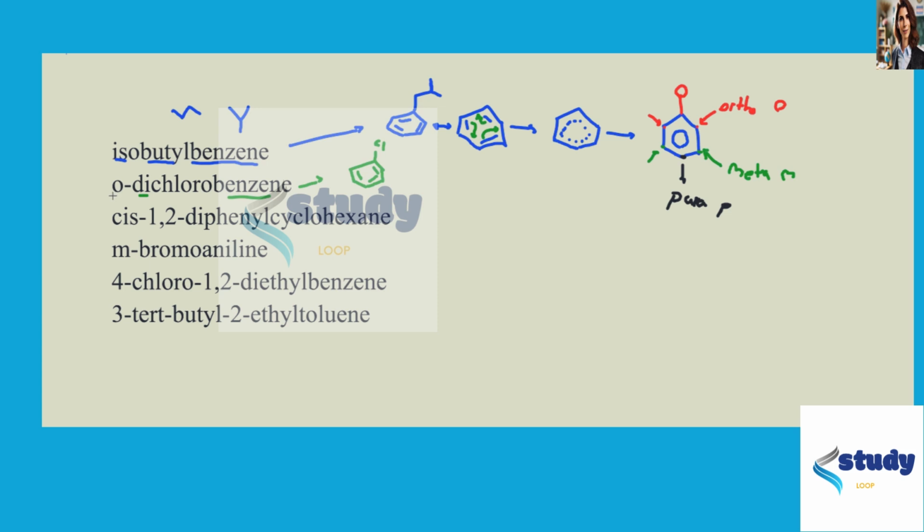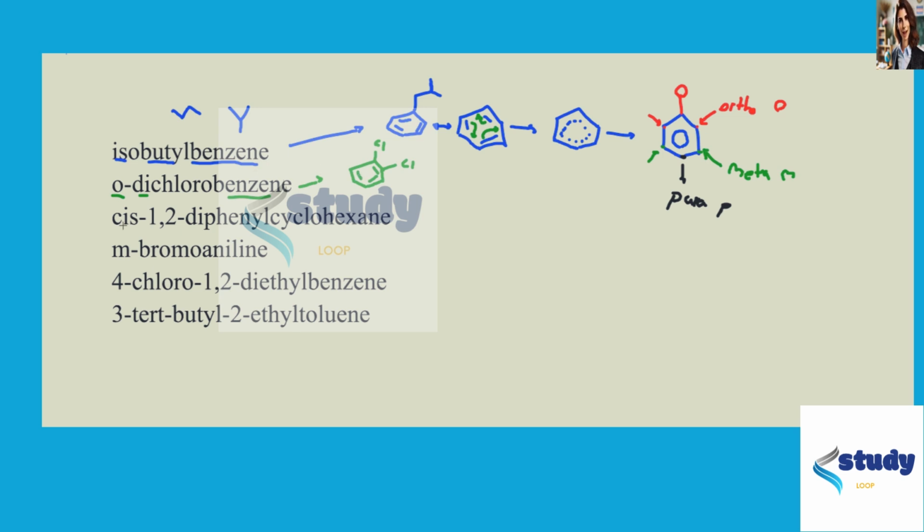Well, it's in the ortho position with respect to this first chlorine. The second chlorine could be on this side, or on the other ortho position, but these 2 positions are equivalent because of the free rotation. You could just turn it around and it's the exact same structure.